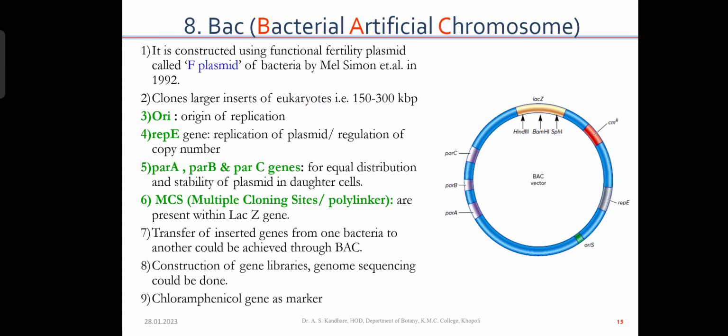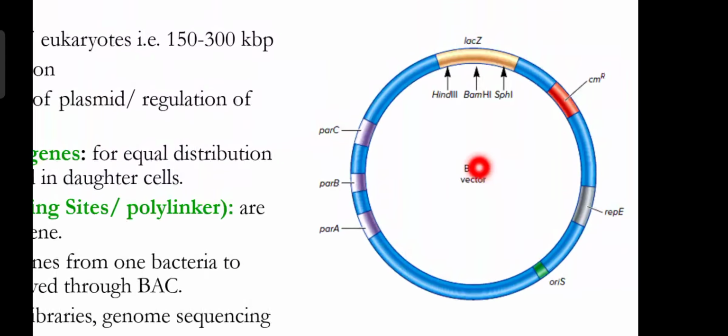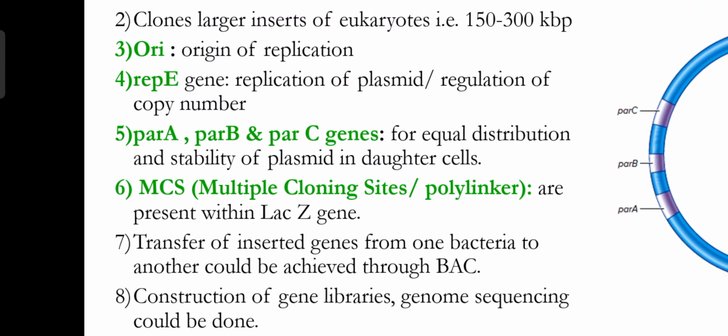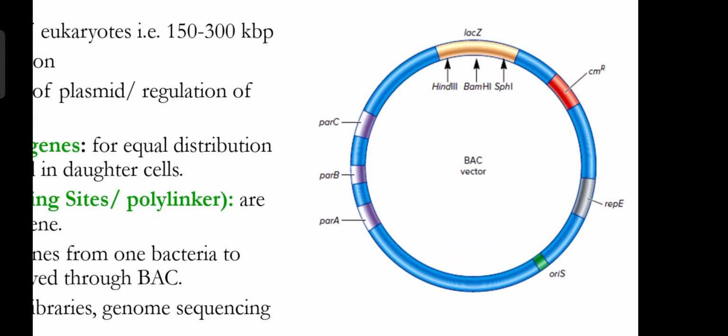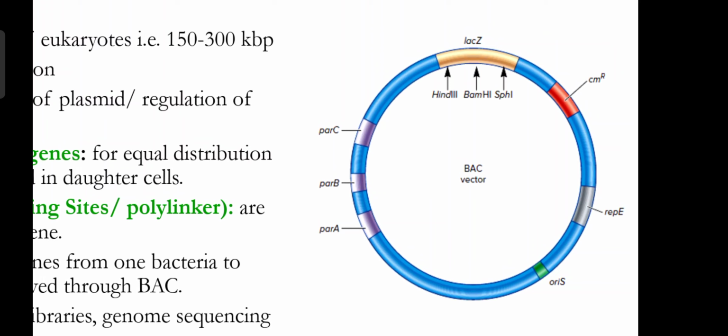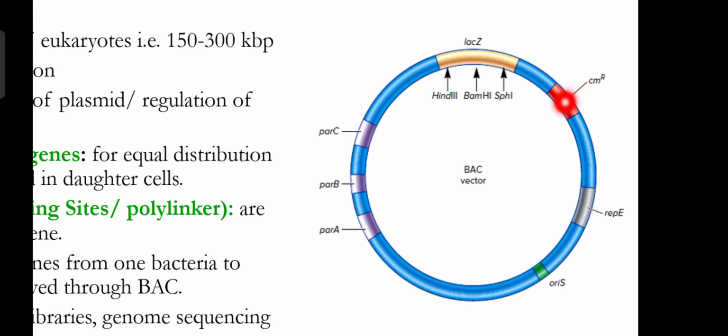So here you can see this is the figure of a BAC vector, isn't it? It has this ori site, origin of replication, this repE site. तो repE site जैसा मैंने यहाँ बताया कि ये जो साइट है, replication of plasmid and regulation of copy number of this plasmid. इसका copy number regulate करता है.